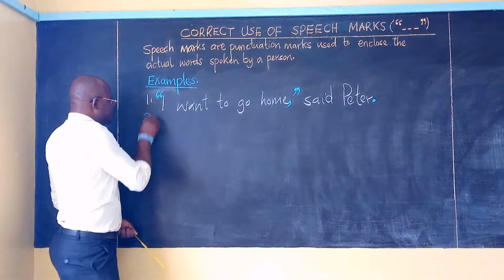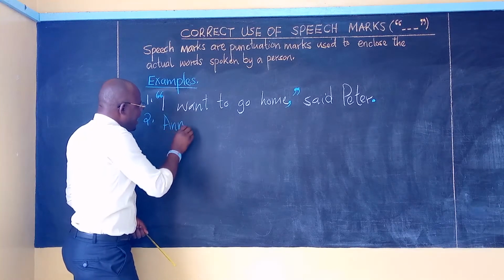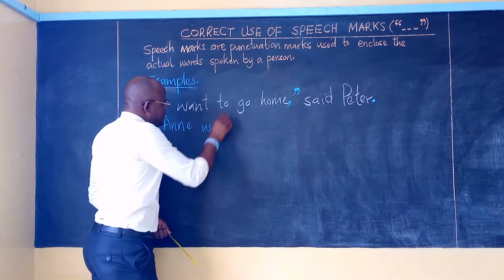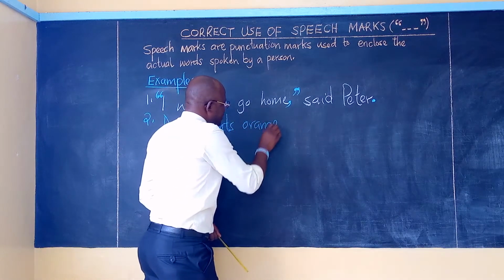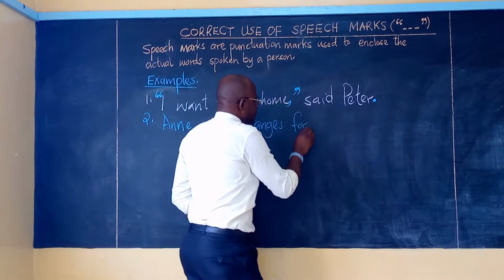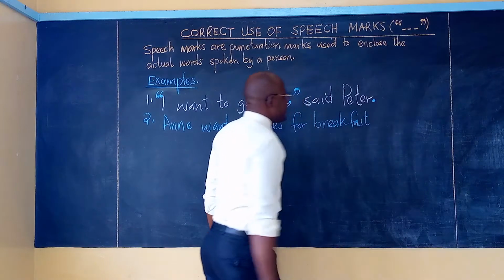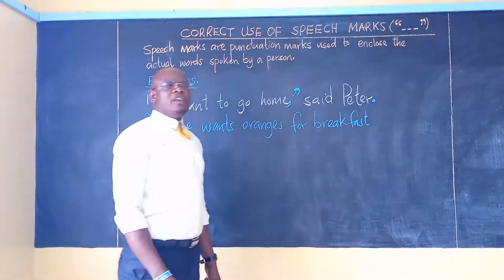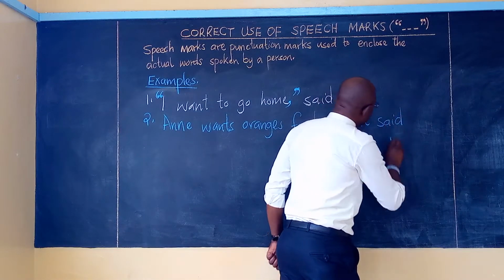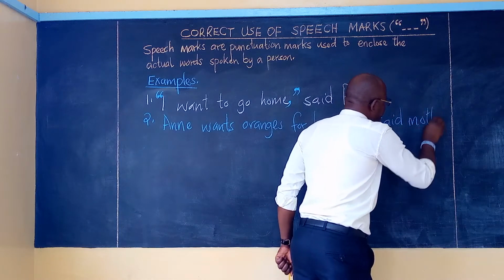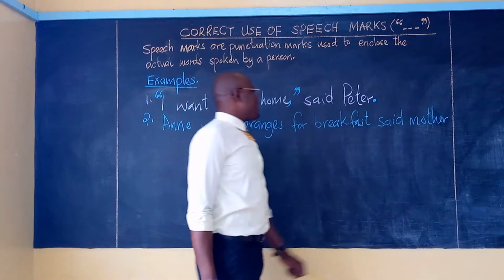Example number 2. Or rather let me say, Anne wants oranges for breakfast, says mother.